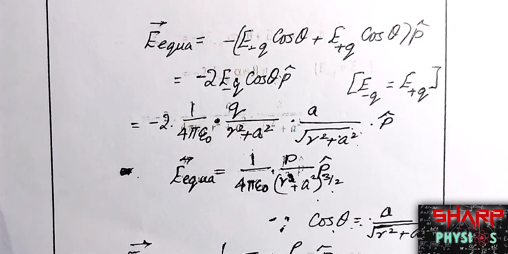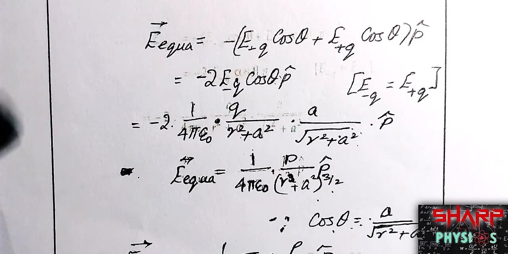Since both are equal, the components of the electric field of the negative charge and the electric field of the positive charge normal to the dipole axis will cancel out. If they are parallel to the dipole axis, they will add up. So the total electric field at the equatorial point is opposite to the dipole moment.